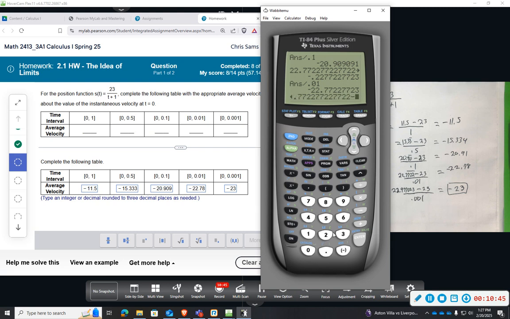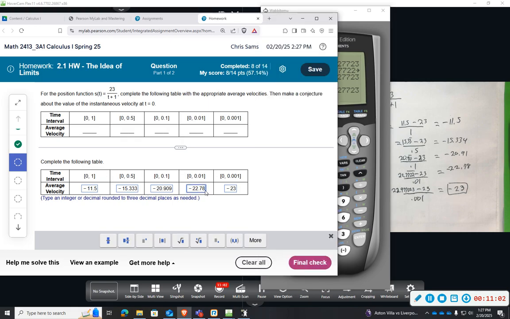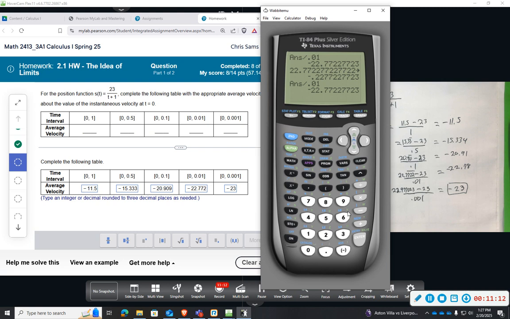Okay, subtract the 23, and then divide by 0.01. All right, so yes, looks like the same. So that gives me 22.772. So all my numbers are coming out just a little bit different, so that one looks like it should be good, but let's check this last one for good measure.